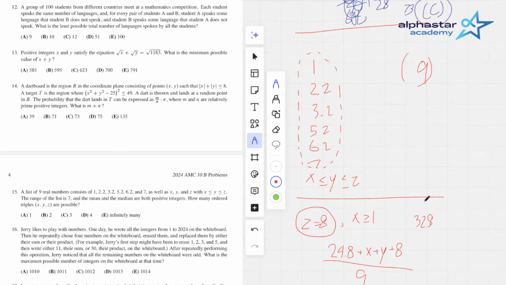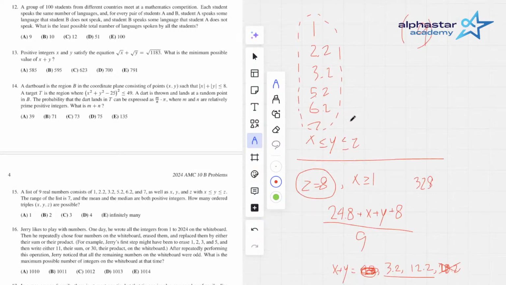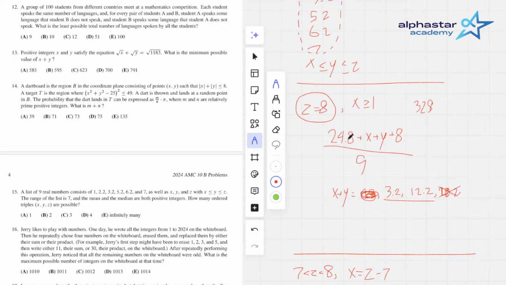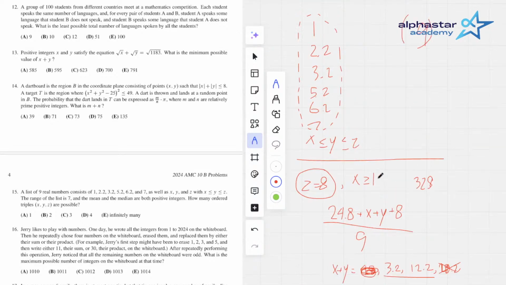Furthermore, x or y is an integer. So if x plus y is 3.2, then you could do like 1 and then 2.2, but that could not possibly make the median an integer, because right now the median is 6.